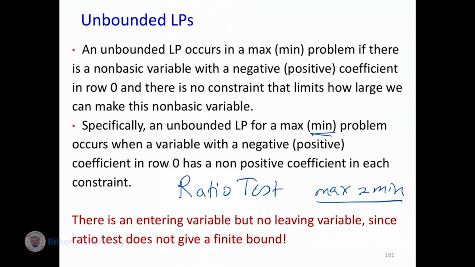The entering coefficient makes a difference whether it's max or min, but the ratio test is exactly the same whether you do a max or min. Does it make sense? Okay, good. There is an entering variable, no leaving variable, basically, meaning that ratio test is not finite. So that's my unboundedness criterion.